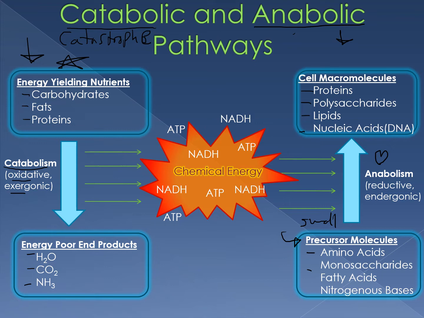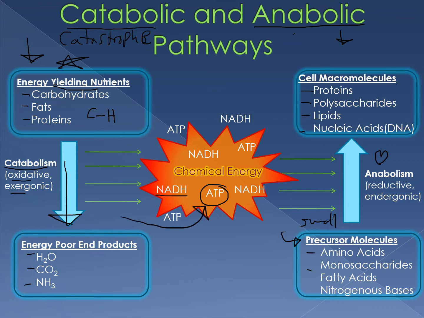What is going on here is we are breaking down these big energy yielding nutrients into small, essentially waste products, and we're taking some of the bond energy, and generally the bonds that we're most interested in are the bonds that connect carbon and hydrogen. And we're transferring this bond energy to a useful molecule called ATP, also NADH, but we haven't talked about it yet. So we're getting some work done.